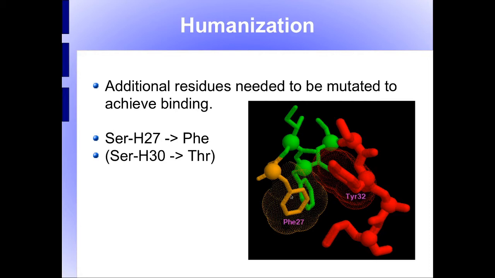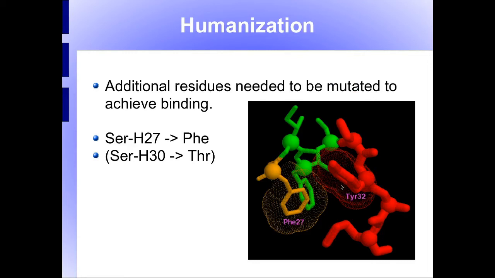The human framework that they decided to use had a serine at that position instead of a phenylalanine. So a much shorter amino acid, it would stop at this point here with an oxygen. And they found that mutating that serine to a phenylalanine restored the binding.